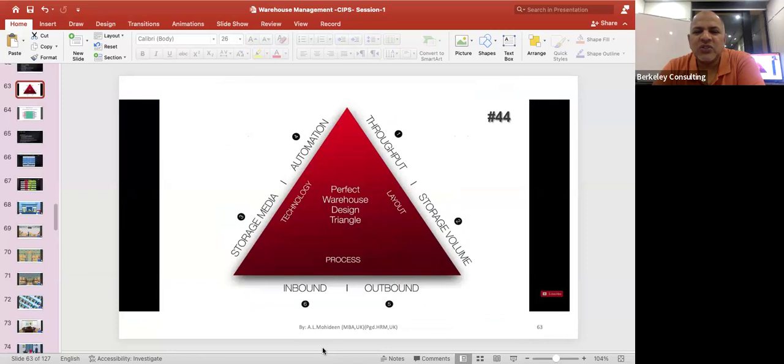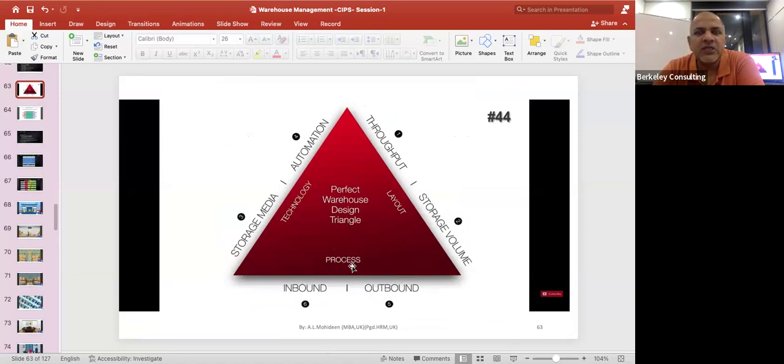Right, if you are going to design the warehouse, we are going to see the layout and the process and technology. So these are the three main elements you have to consider when you are designing the warehouse. Can you see this? Right, in the layout, the storage volume and throughput, how you are going to take it.